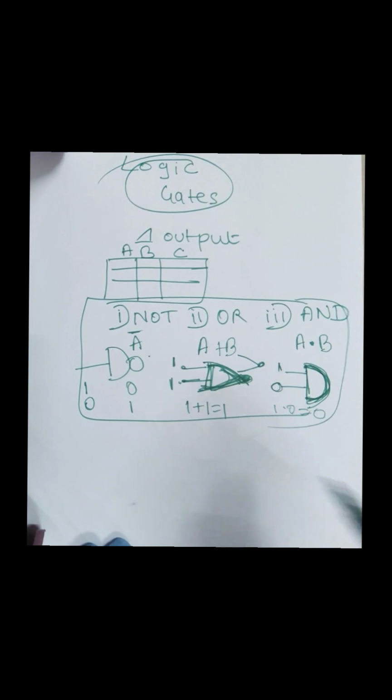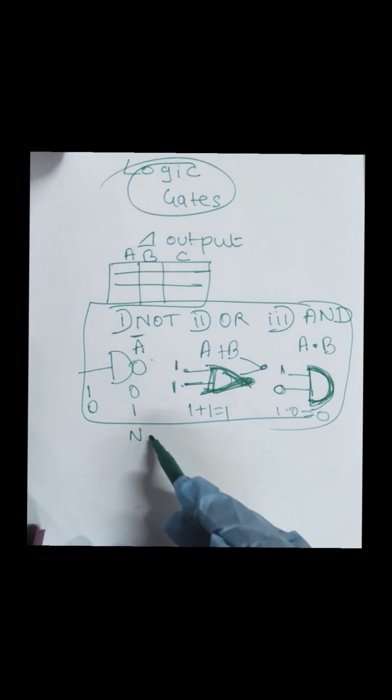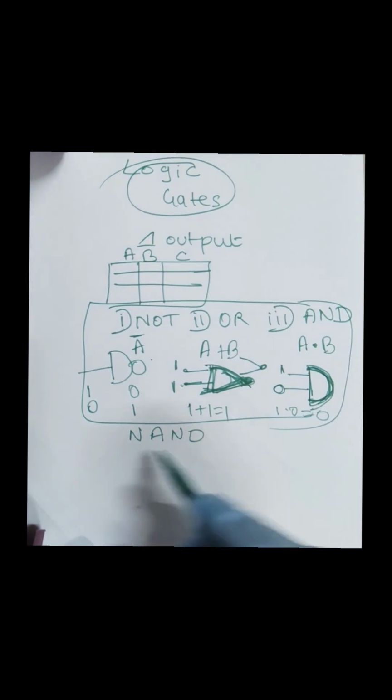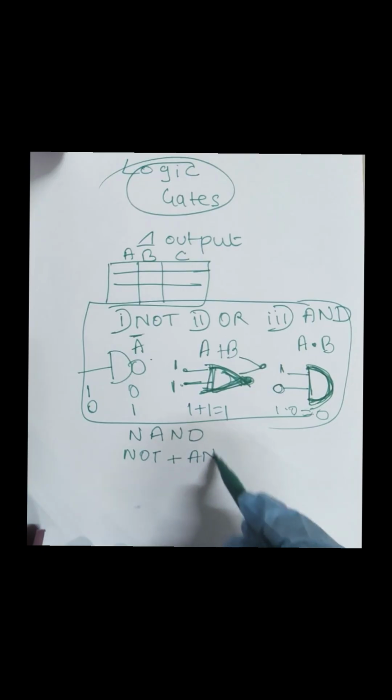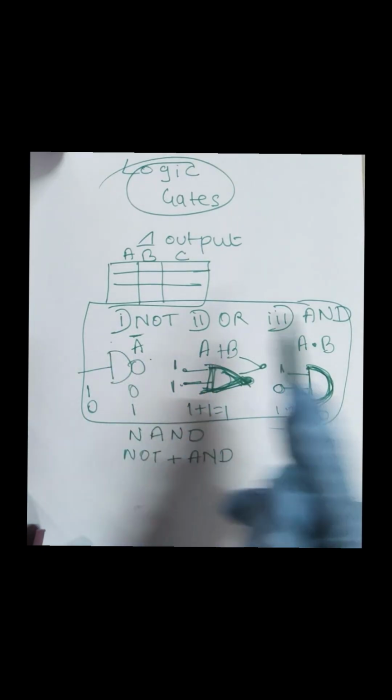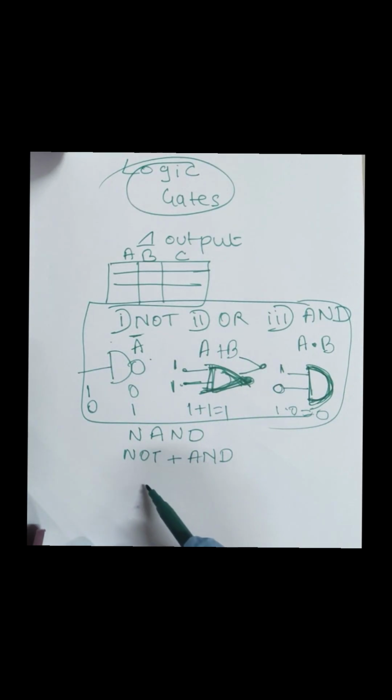Now we will see 2 more additional gates, which is known as NAND. NAND means NOT plus AND, that means this gate plus this gate. It looks like a bulb type, one small circle will be there.